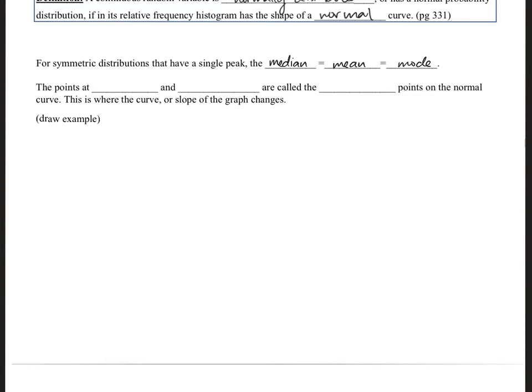And also, the points at x equals our mean minus 1 standard deviation, and x equals our mean plus 1 standard deviation, so this is in the 68%. Remember, if we're using the empirical rule. What are these called? These are called the inflection points on the normal curve. And this is where the slope of the graph changes.